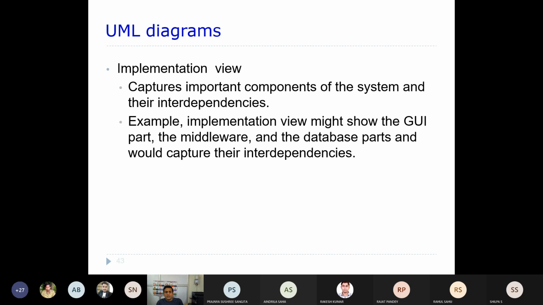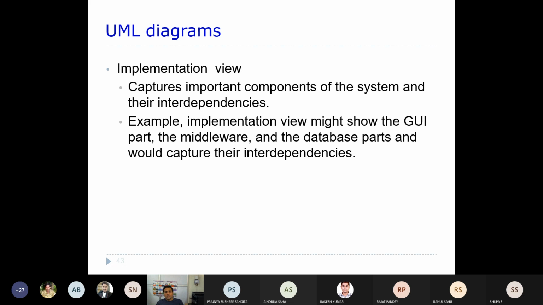How this GUI part is dependent on the database part, how this middleware is dependent on the database part, these sort of things will be captured through this implementation view.